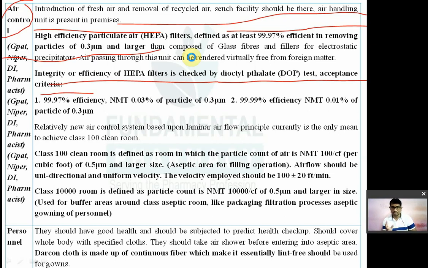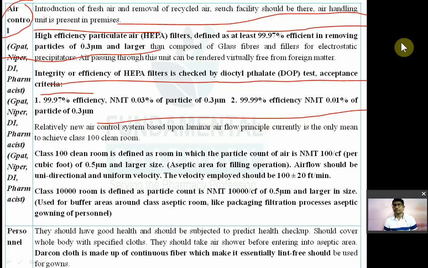Then it is known as a 99.97% efficient HEPA filter. HEPA filters are called 99.99% efficient if not more than 0.01% of particles of 0.3 micron pass.